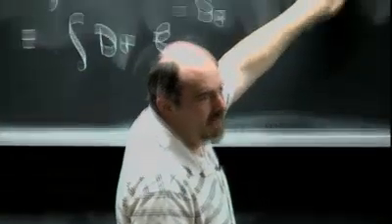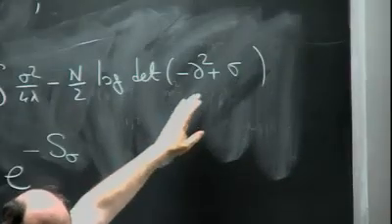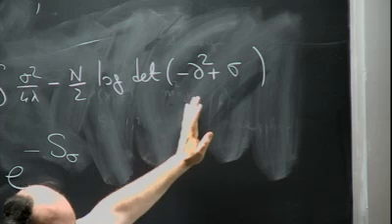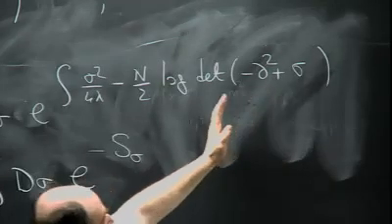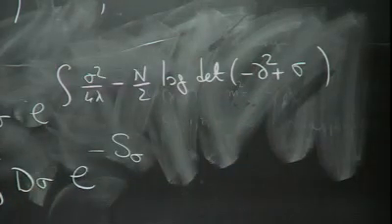So if you start expanding this determinant in powers of sigma, the linear term is just some tadpole diagram. It's just something like the integral of 1 over p square, and that can be set to 0, for example, in dimensional regularization. So the first term is the quadratic term.